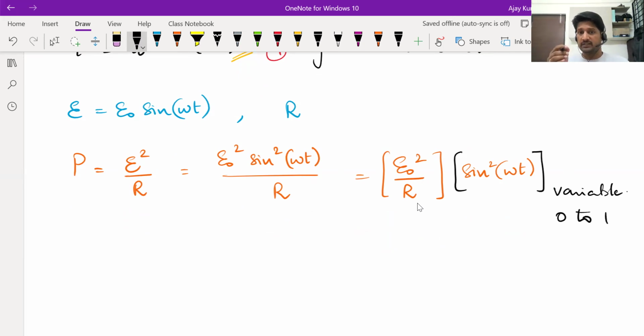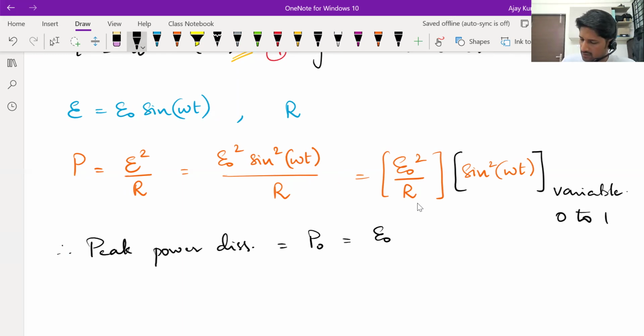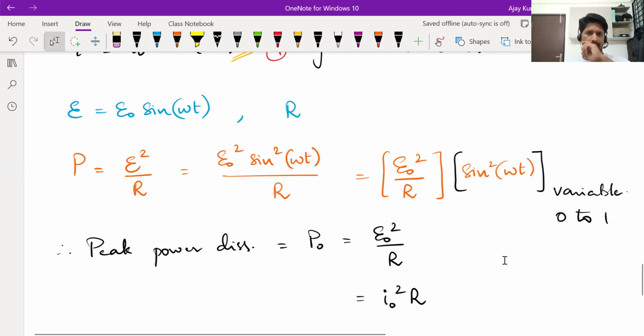When it is 1, power is E naught square by R. Therefore, peak or maximum power dissipated is P naught, that is E naught square divided by R. Had you used the current equation and written power as I square R, this would have become I naught square into R. That I think you can derive on your own also, not a big deal.